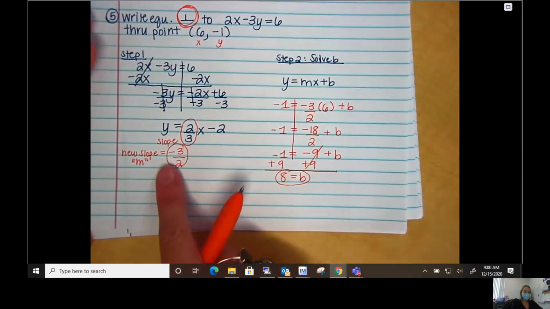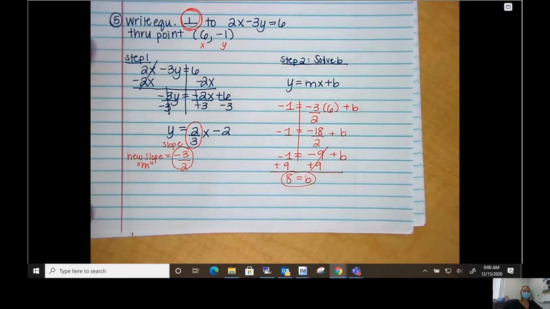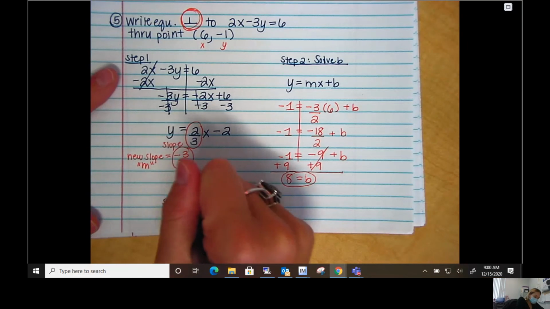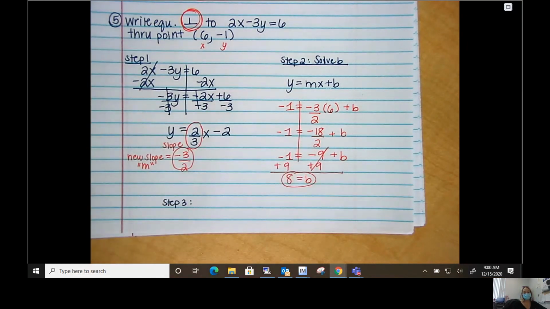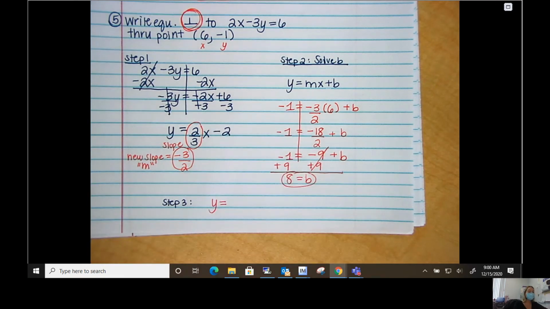You've got your slope. Your final step, step 3, is to write the equation using both m and b. So your final equation is what? Y equals, whoa, don't you use 2/3.